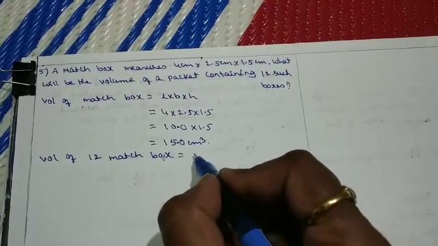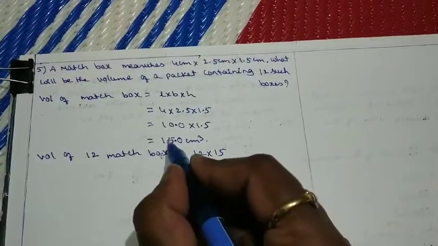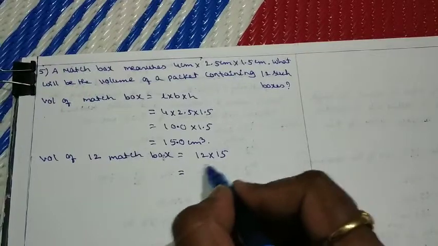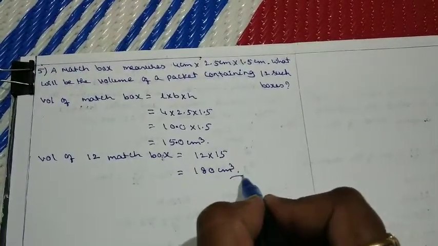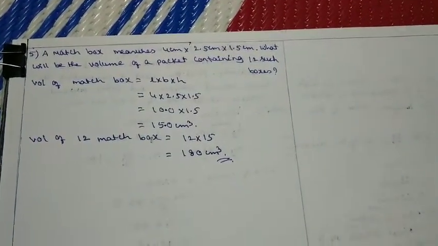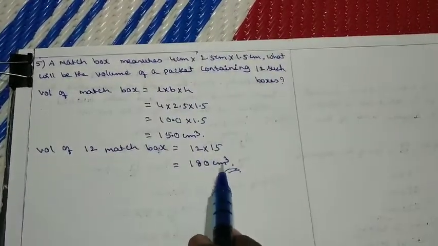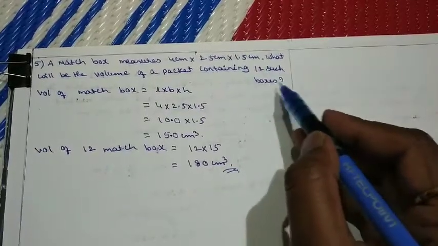Therefore the volume of 12 boxes equals 12 × 15. Here 15.0 is nothing but 15 only, children. Then 15 × 12 is 180 cm³. Therefore the volume of 12 matchboxes, or the volume of the packet, is 180 cm³. Inside the packet we have 12 such boxes.